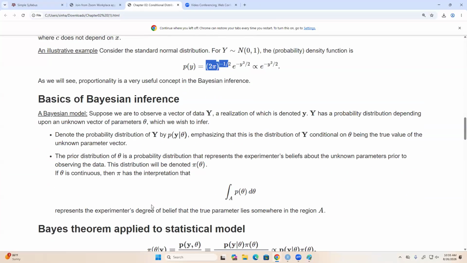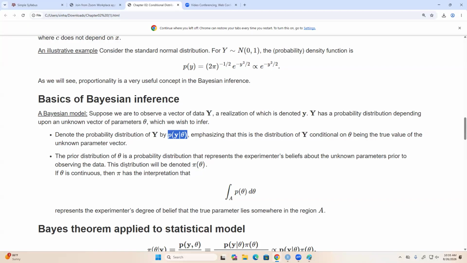Now, basic Bayesian inference. Suppose we are to observe a vector of data y, and its realization is denoted by this lowercase y, and y has a probability density function that depends on some unknown parameter theta. Let us denote this by p(y given theta). Now, in Bayesian inference, what I told you is that we need two inputs.